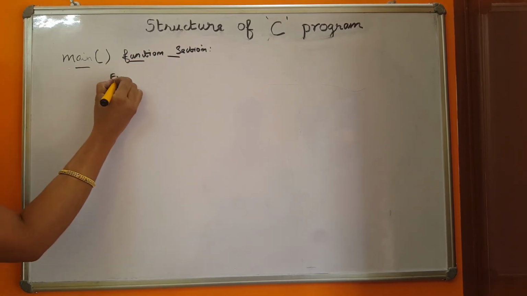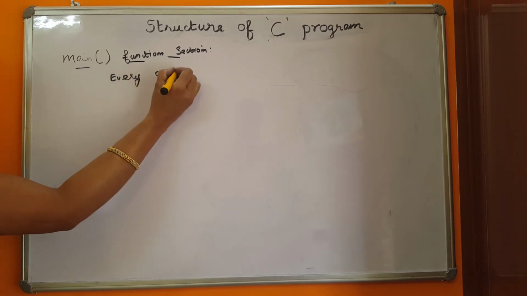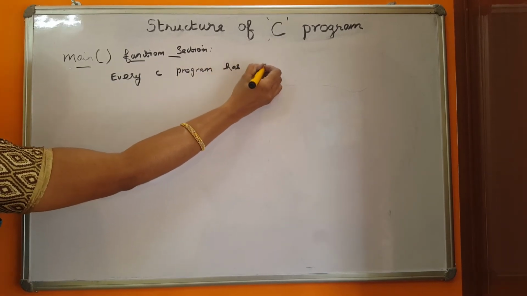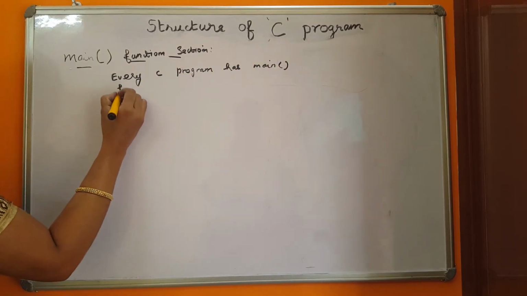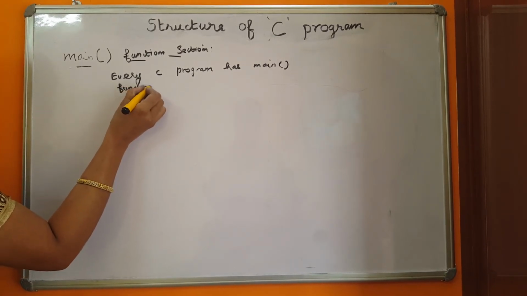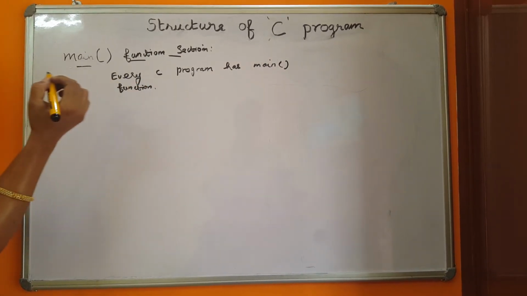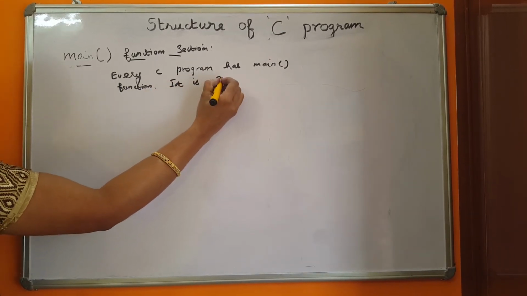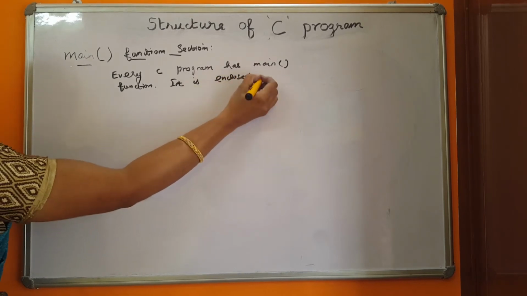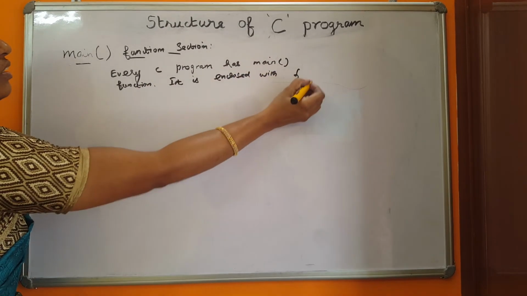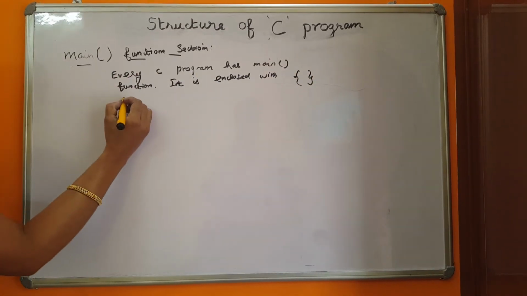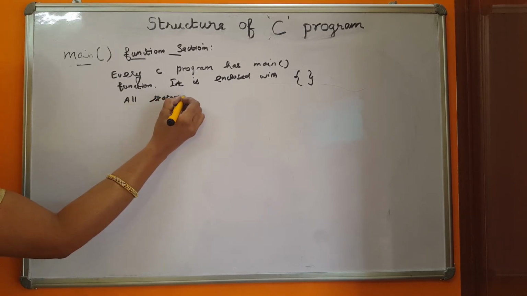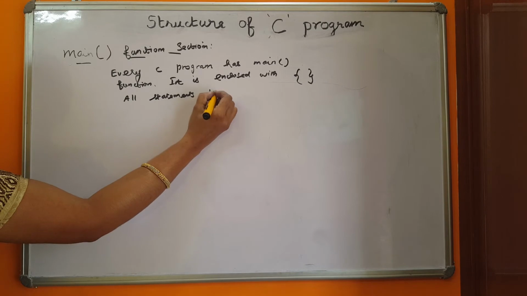Every C program has main function. The execution begins at main function only. It is enclosed with curly brace. All the statements in main function are terminated by semicolon.